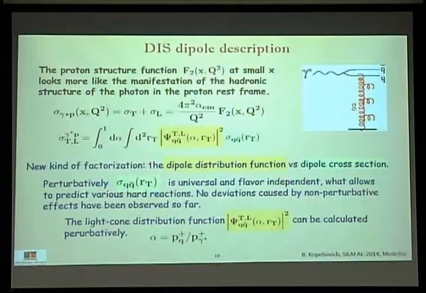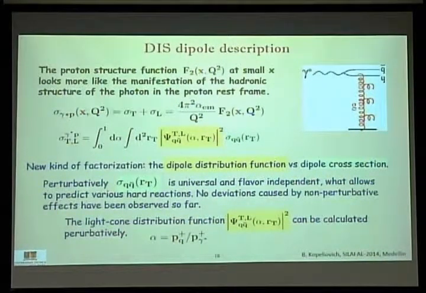And deep inelastic scattering in the rest frame of the proton looks differently. It looks like fluctuation. It's not absorption of the photon. It's fluctuation of the virtual photon to a QQ bar pair, which interacts with the target, with the proton. And then one can write a factorized expression, but for the cross-section.